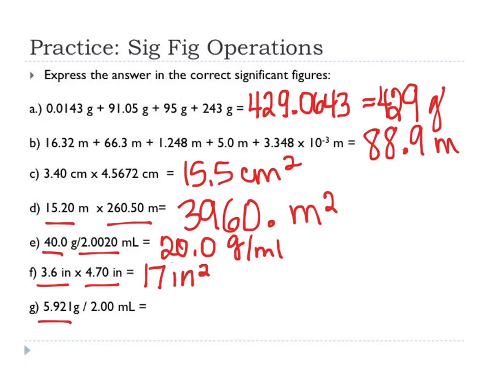And then here we have 4 sig figs dividing 3 sig figs, so my answer needs to be in 3 sig figs, so it is 2.96 grams per milliliter. Are there any questions over that? So that's why I said we'll be continuously working with significant figures, especially operation-wise. Okay.